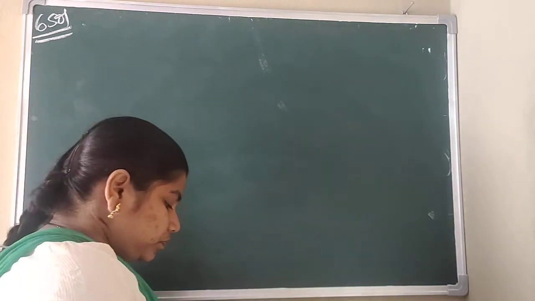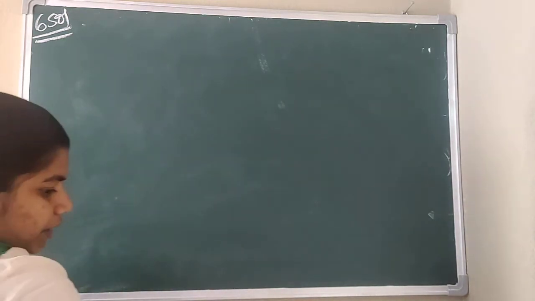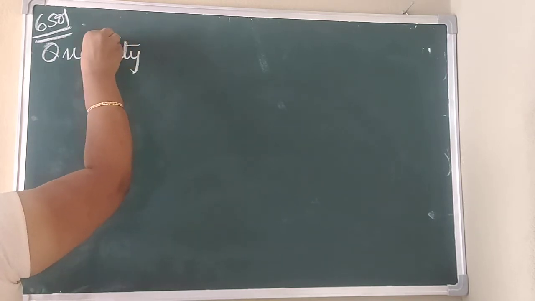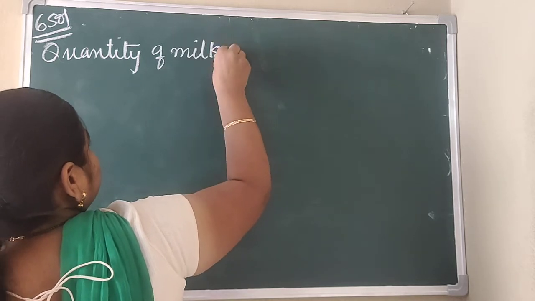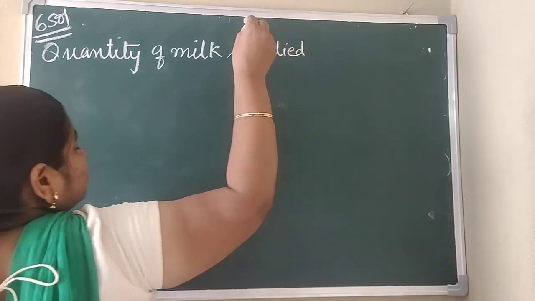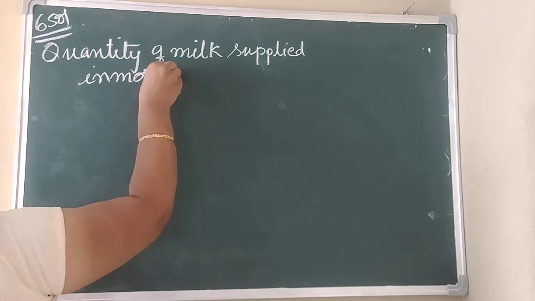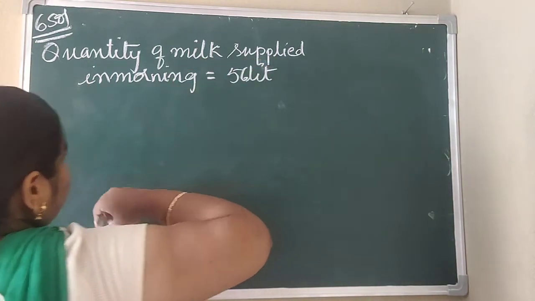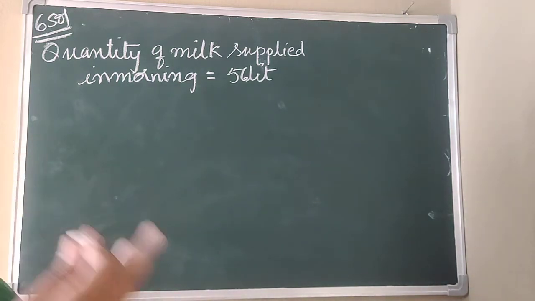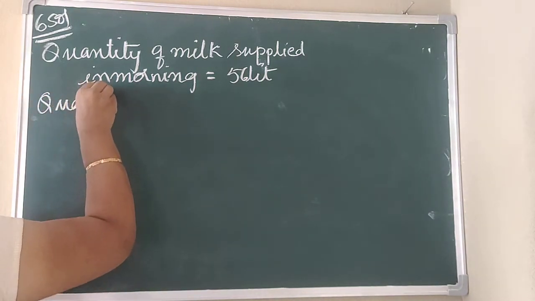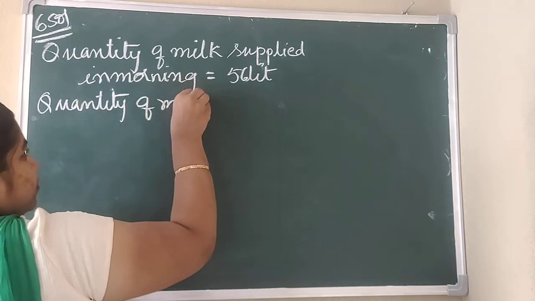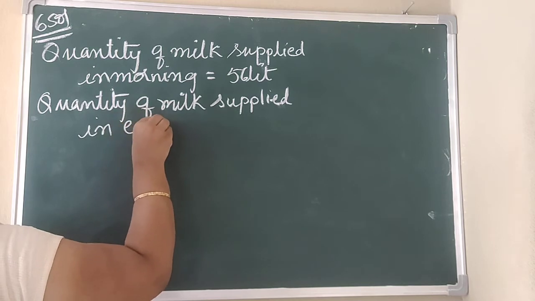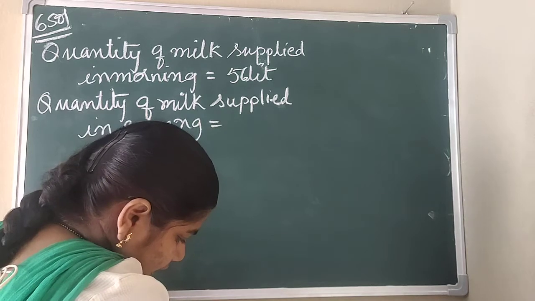Okay, so now, the quantity of milk supplied in the morning is 56 liters, and the quantity of milk supplied in the evening is 44 liters.